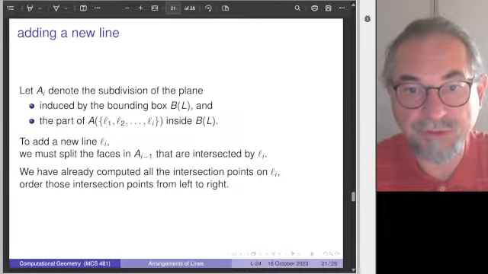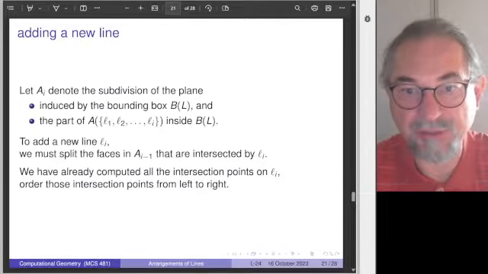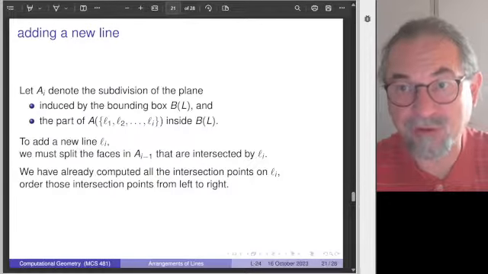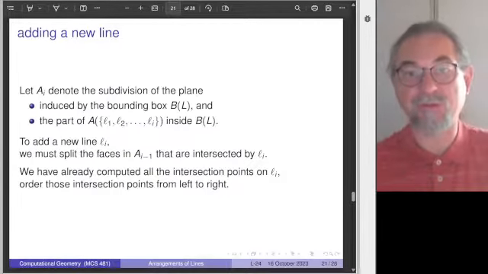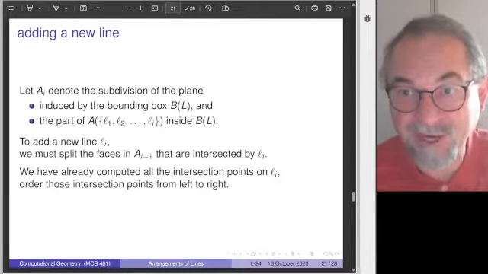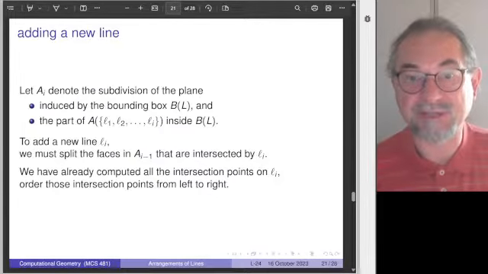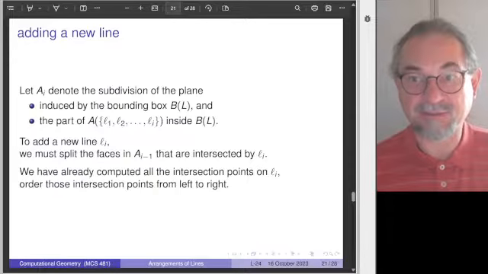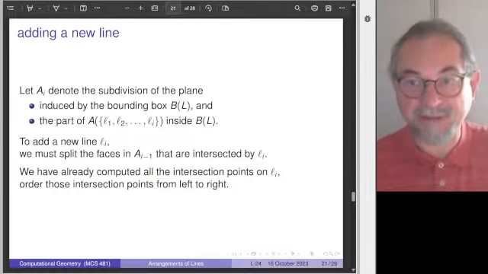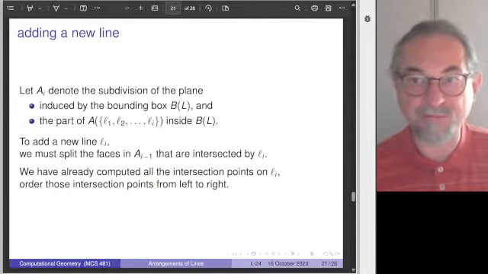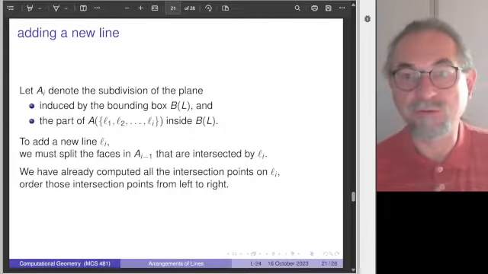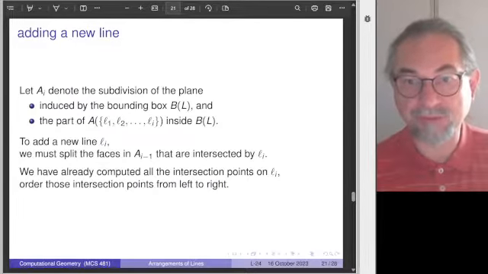We have already computed all the intersection points, so for a new line you can run over all these intersection points and filter out those that satisfy the line equation. It's n square, but we have already spent n square. While you're doing this, you can sort them.